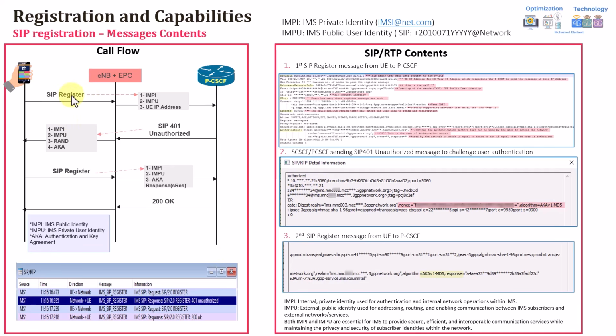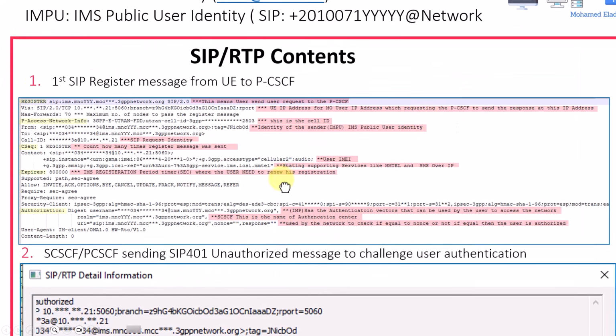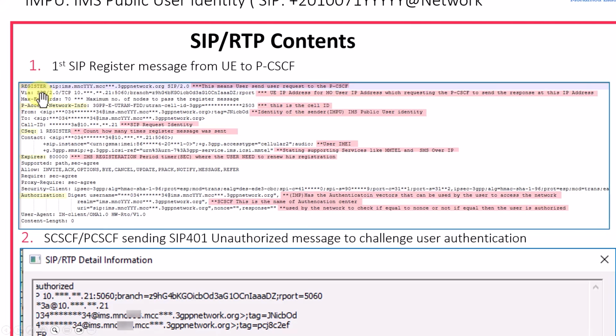So let's explore quickly what the IMS SIP REGISTER information is. Let's zoom in here. If you zoom into this part, you will find the first SIP REGISTER has this register message, which means this user is trying to register to the S-CSCF, so it's sending this request to the P-CSCF.